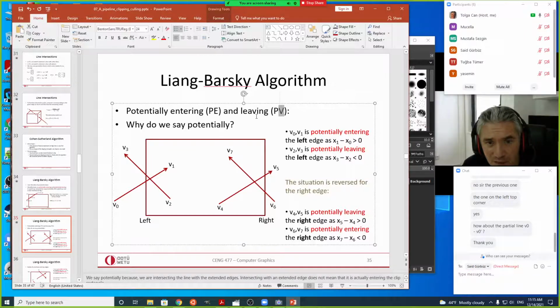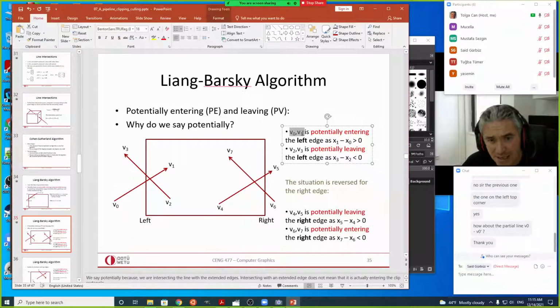It's indicated by PL. When we label them, we use this acronym PL for potentially leaving lines, and PE for potentially entering lines. By just looking at the x coordinate of v0 and v1, v0x is less than v1x, so it's potentially entering the left edge.